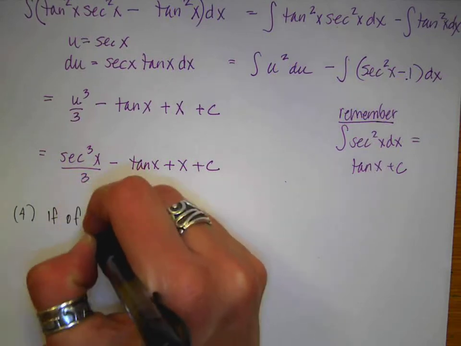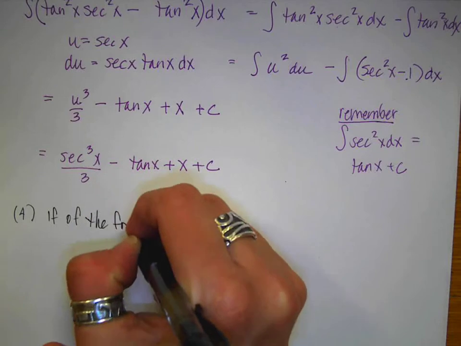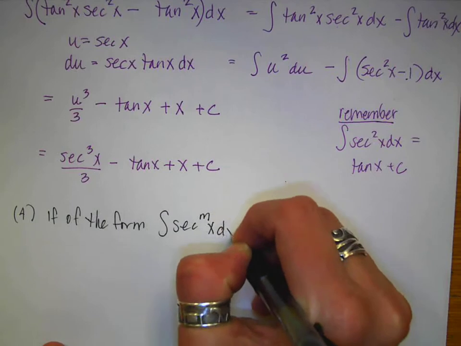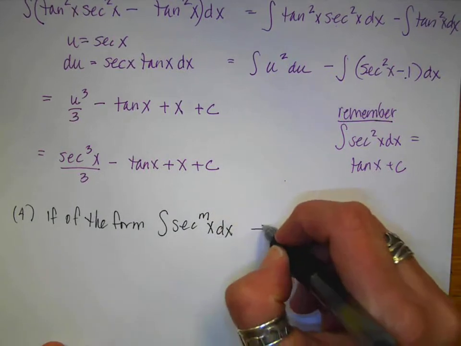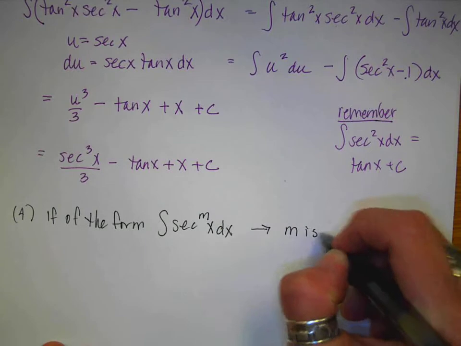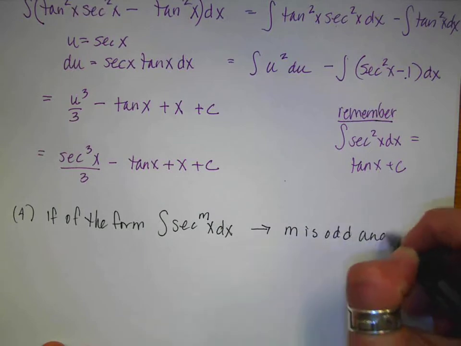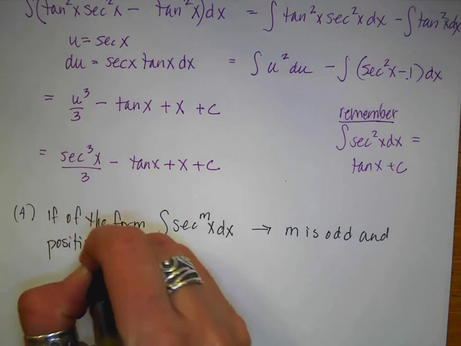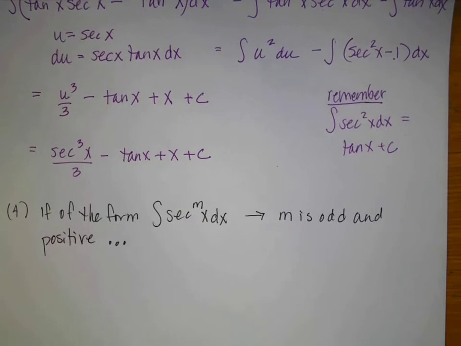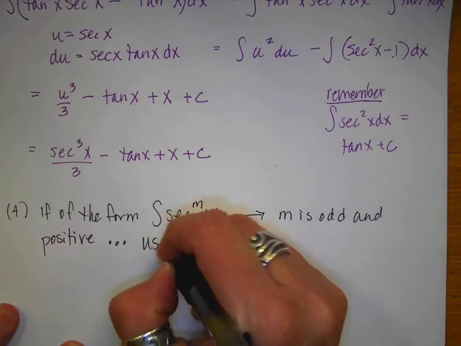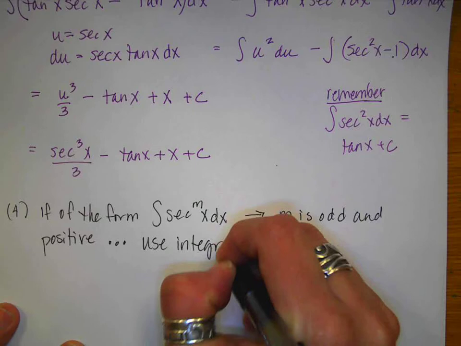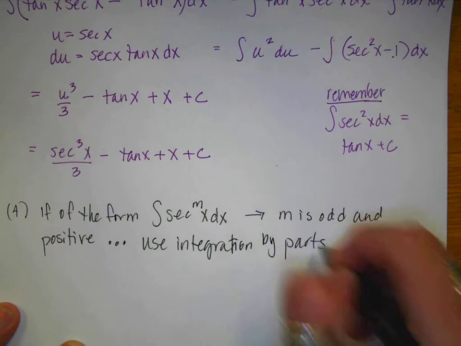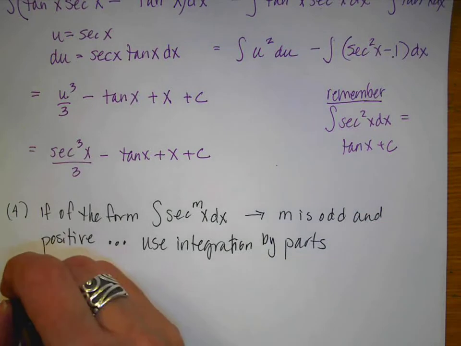So the next guideline says if the problem that you're doing is of the form secant to the m of x dx, and the caveat is that m is odd and positive, then the guideline is to use integration by parts, which we've already done.